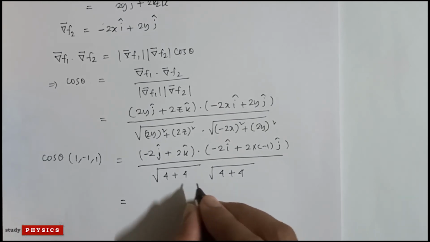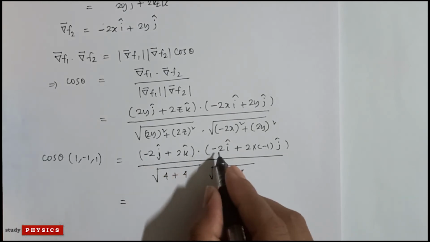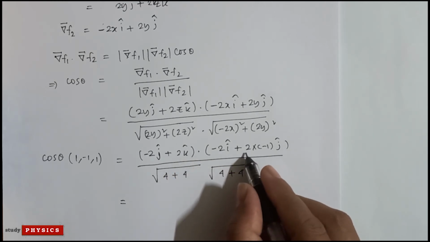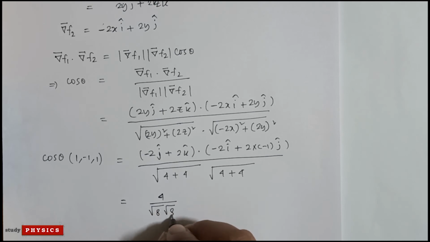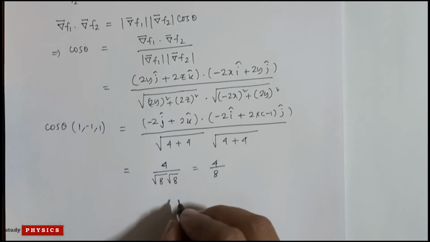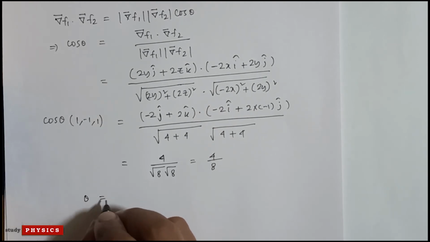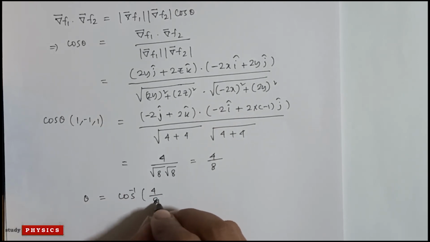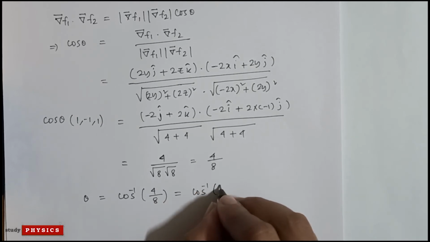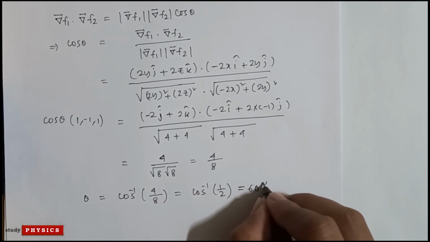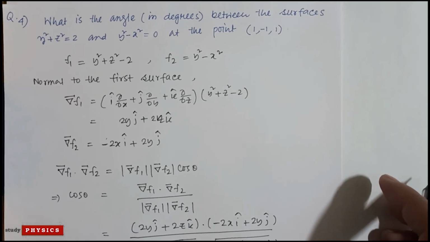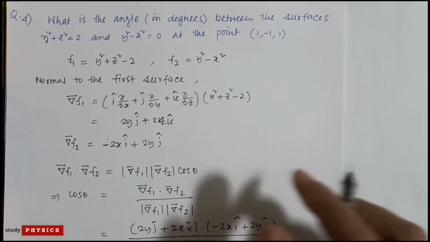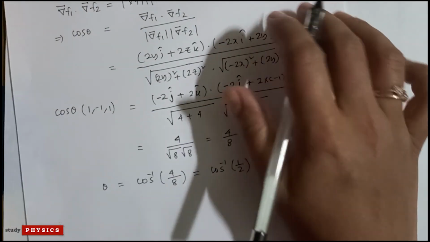So this will be 0 and this will be 0, and minus 2 j cap times minus 2 j cap, so this will be plus 4 divided by root 8 into root 8. So 4 divided by 8. That means theta is cos inverse 4 divided by 8, which is cos inverse half, and cos inverse half is 60 degree. So the angle between the surfaces at the point is 60 degree.